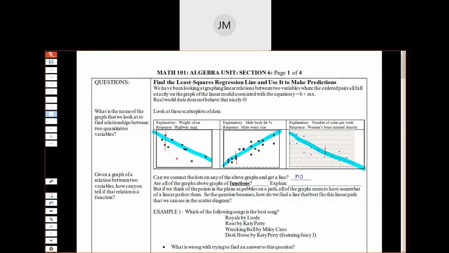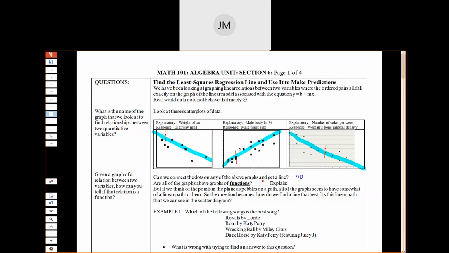The first one's maybe a maybe. I can't tell if this one is a little bit over or not. The second two, I think, are definitely no's. So are all of the above graphs functions? No, they don't pass the vertical line test. I don't have a nice line drawn through them. But remember, when we were looking at functions, we didn't have to have a nice line drawn through. We even just looked at tables.